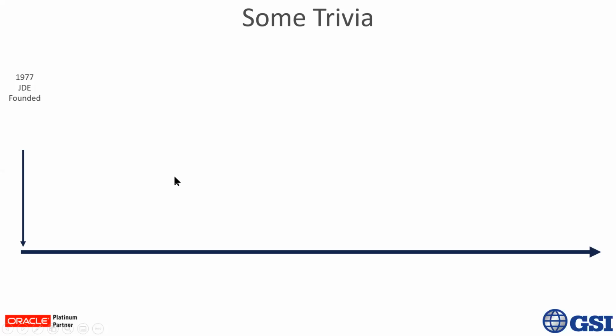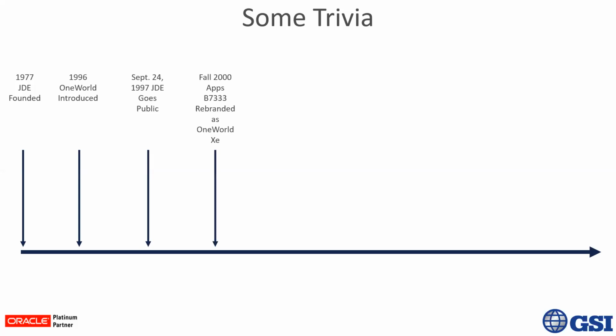So back in '77, that's when JDE was founded. The product that became EnterpriseOne, which was known back then in 1996 as One World, was introduced 24 years ago. It was rebranded by JD Edwards, after they went public in 1997, to what was called One World XE.